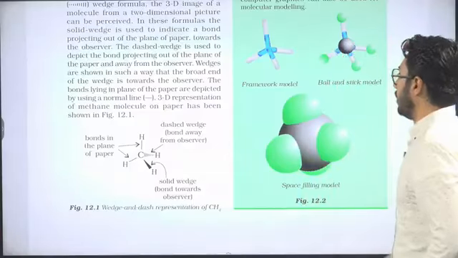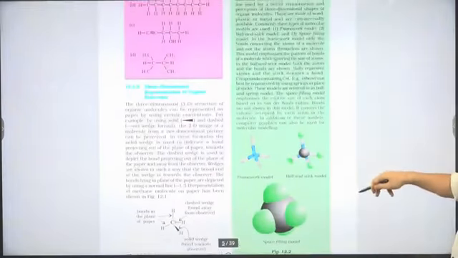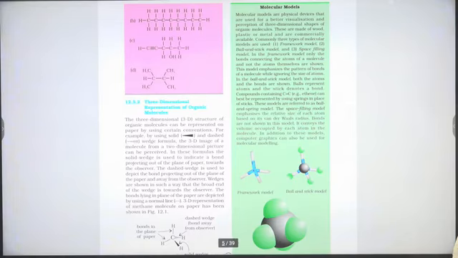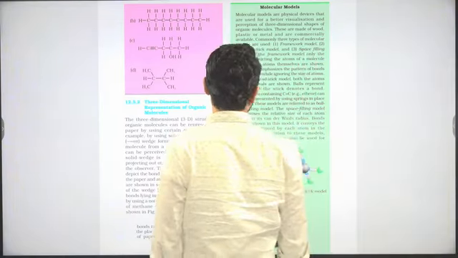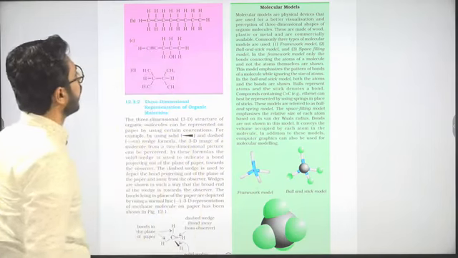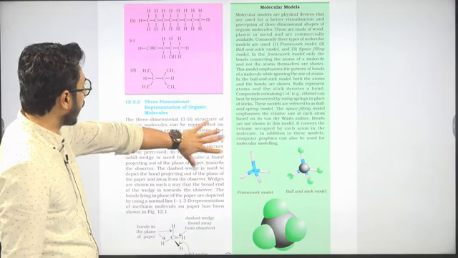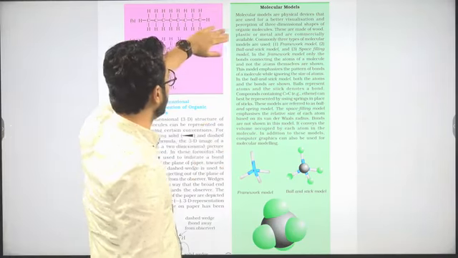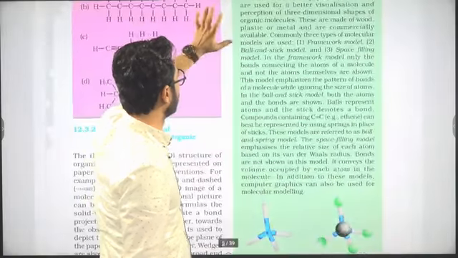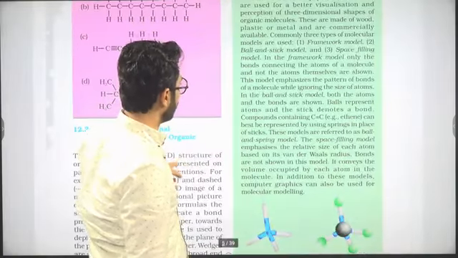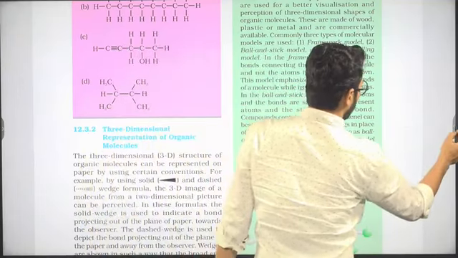Then here what is given? Ball and stick model. You can read that portion for your reading purpose only. In this molecular model, they have given these three types. When you read here initially, three types of molecular models are given.